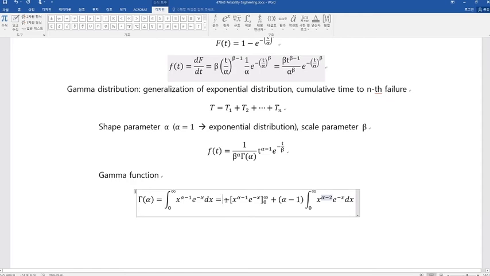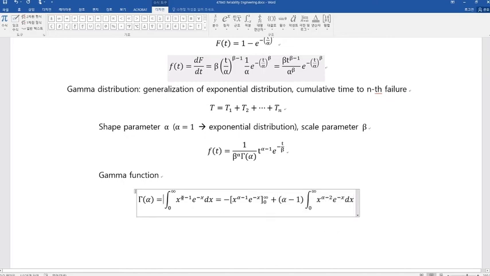And here what you can realize is that when we insert 0, x becomes 0. When we insert infinity, the exponential minus x will approach 0. So this whole part results in 0, and we are going to have only this part.